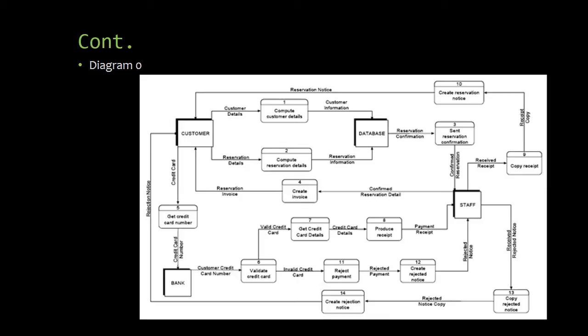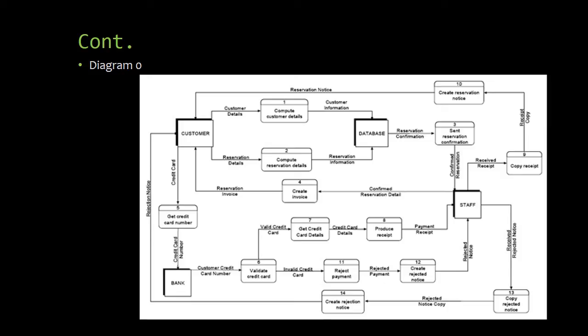Now, the second scenario starts from process 11. This is when the credit card is invalid. From process number 11, the credit card was rejected. So it will produce a rejected payment and a rejected payment notice, and the notice will later be given to the staff.